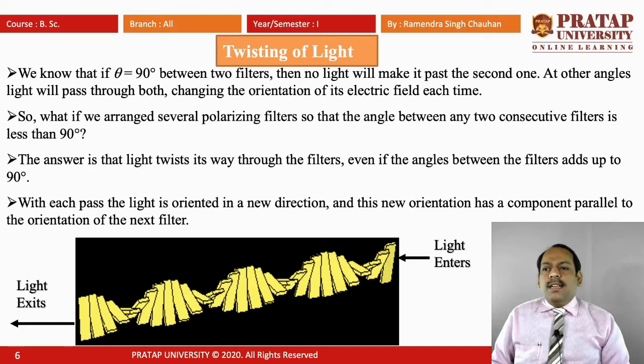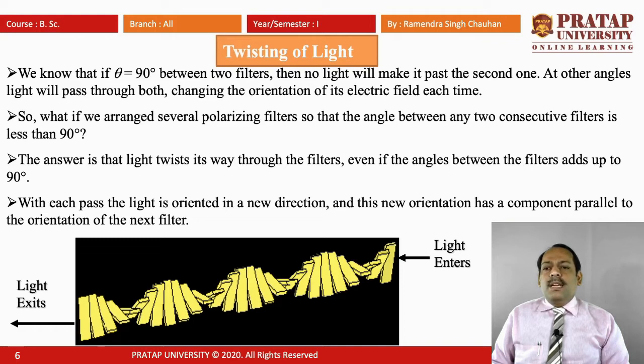At other angles, the light will pass through both, changing the orientation of its electric field each time. That is, when the angle between the two filters is neither 0 nor 90 degrees, then the orientation of the light will change, and the electric field will change orientation each time.